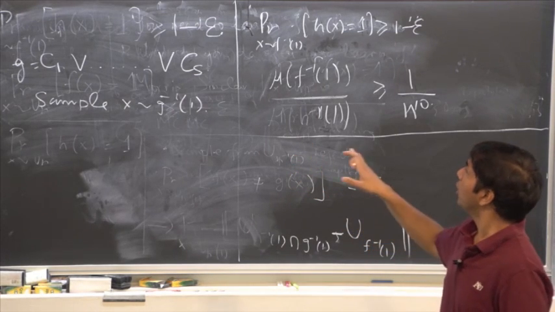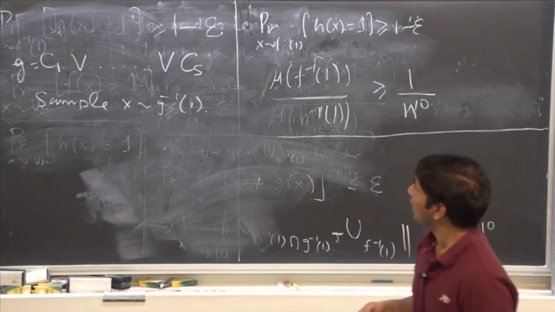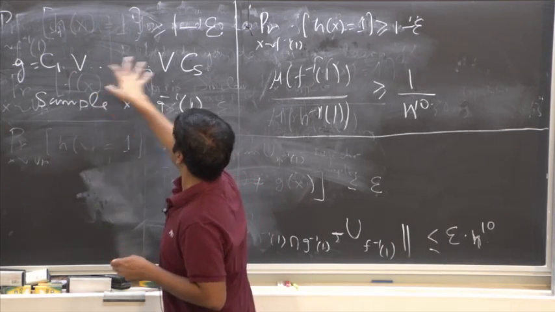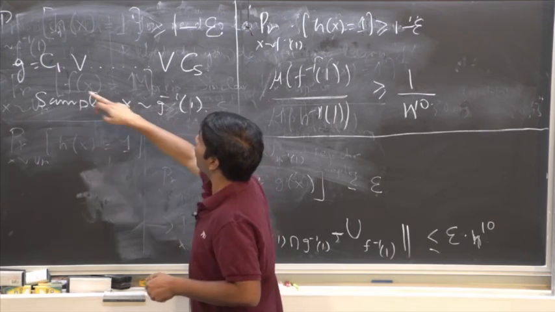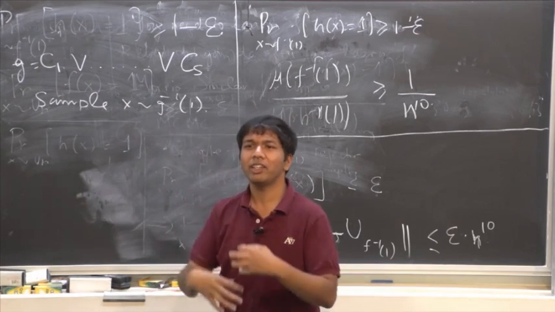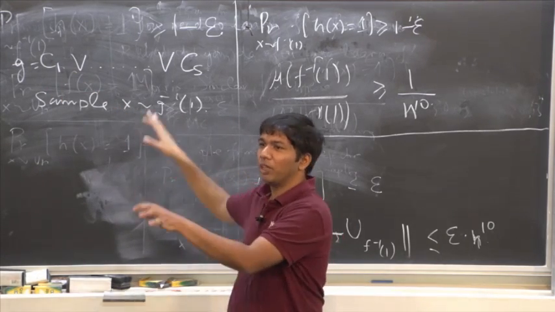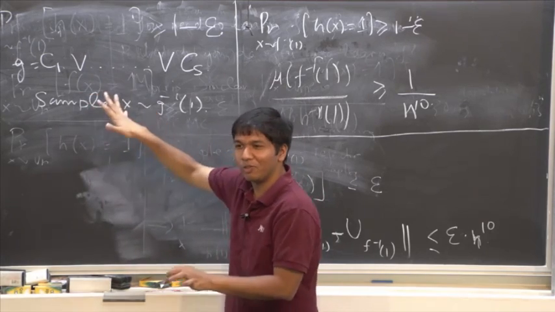You can assume intuitively that for any particular i, so let's say C1, a random x from G inverse 1 satisfies C1 with probability roughly 1 over S. This can be formalized. It need not essentially be true, but it can be formalized.